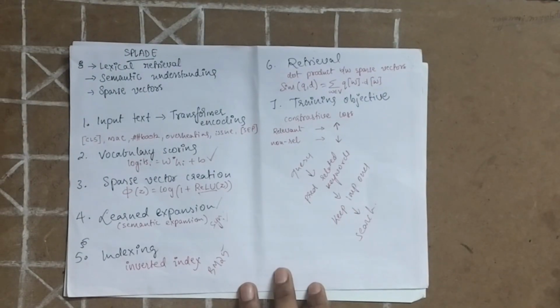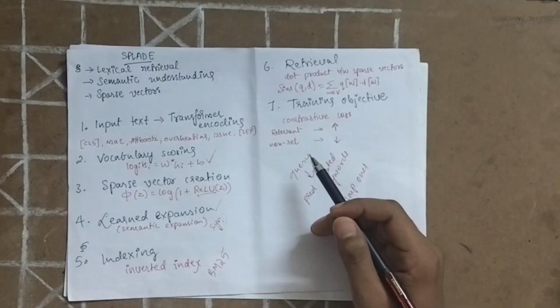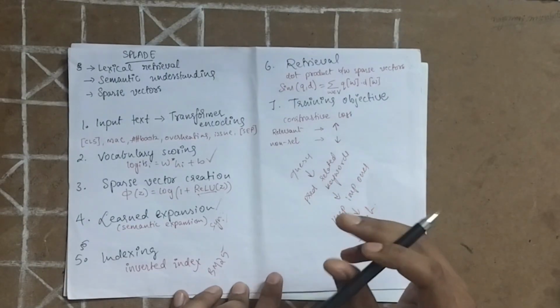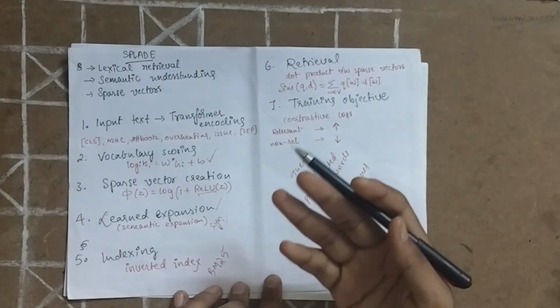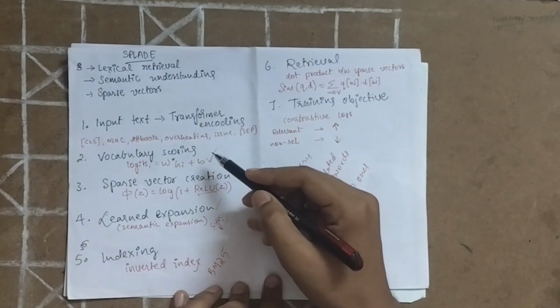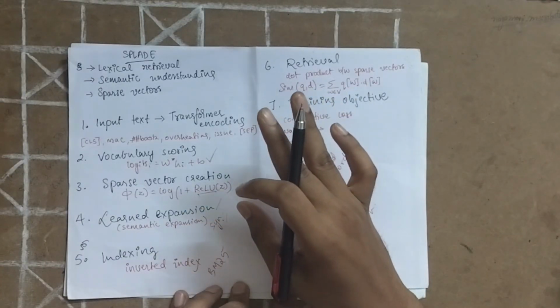After this, sparse vector creation happens. It uses both ReLU as well as log functions in order to do this. The raw logits can be negative, too large, or too dense. They can have many non-zero values as well.